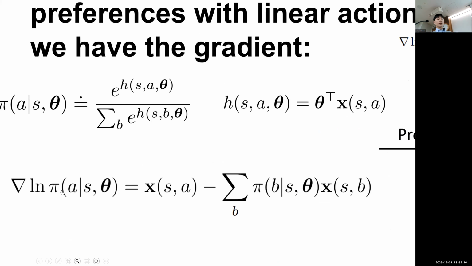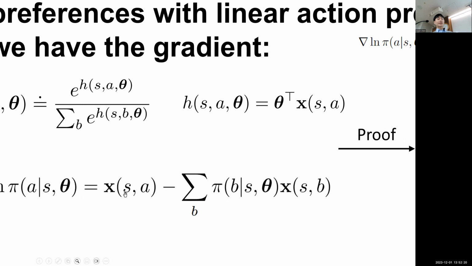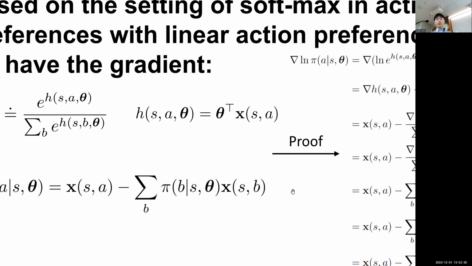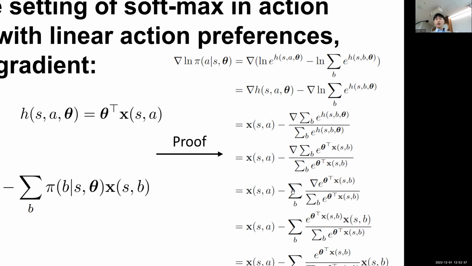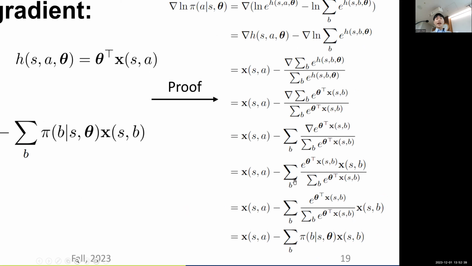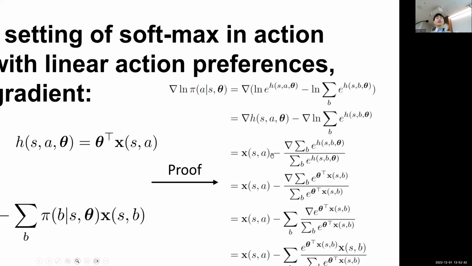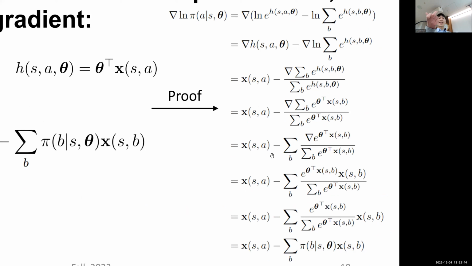If you do the gradient of ln pi, you will have this shape: X of the action minus the sum over all actions of pi times the feature vector of that action. The derivation is located here. How can you derive this result? It's actually one of the exercises in the textbook, which asks you to derive this process.